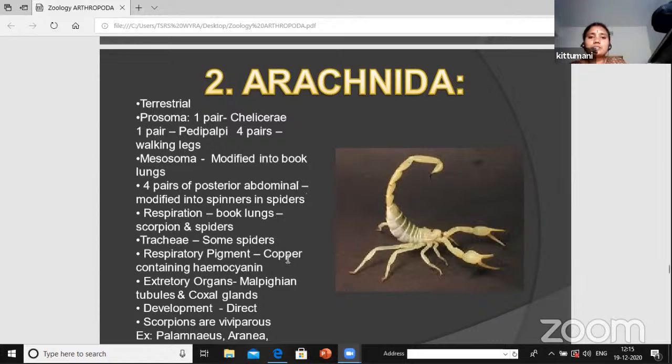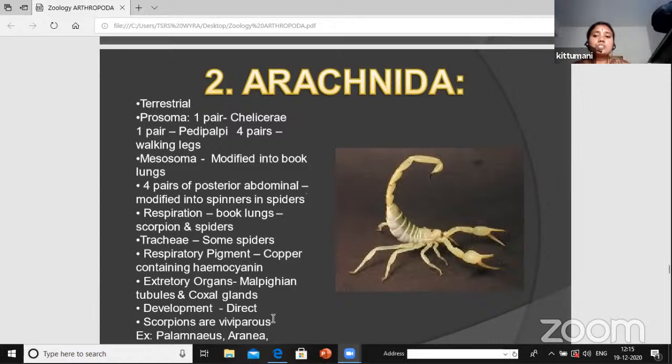Respiratory pigment is copper. What is that? The respiratory pigment is copper. It contains hemocyanin. We already discussed this in the general characteristics of this phylum. Next, the excretory organs are the Malpighian tubules and coxal glands. Both are the excretory organs belonging to this class.